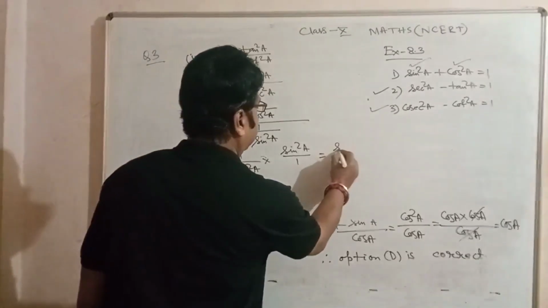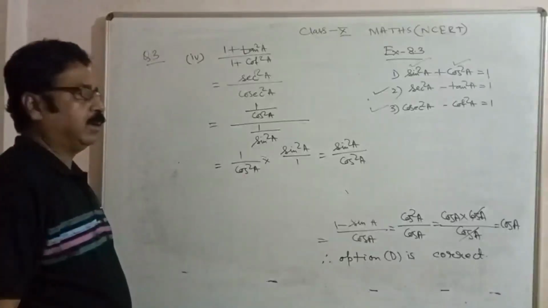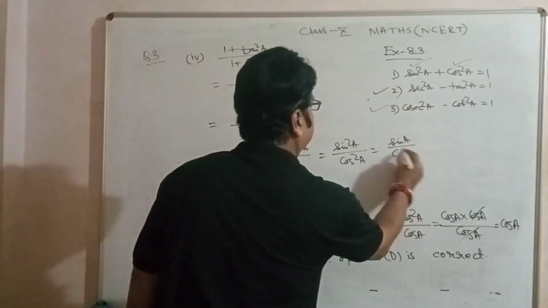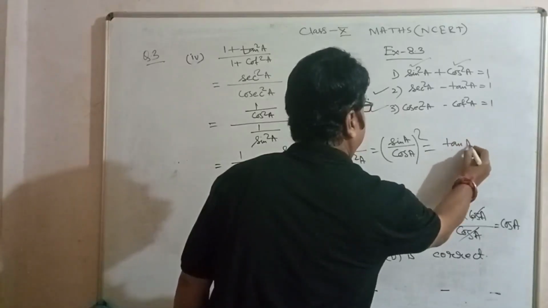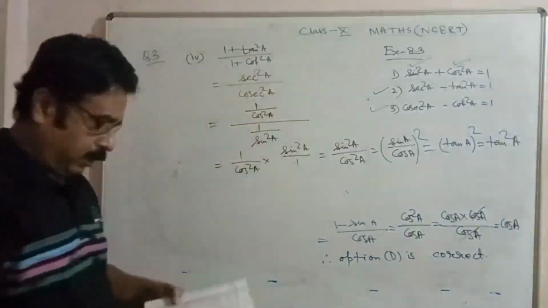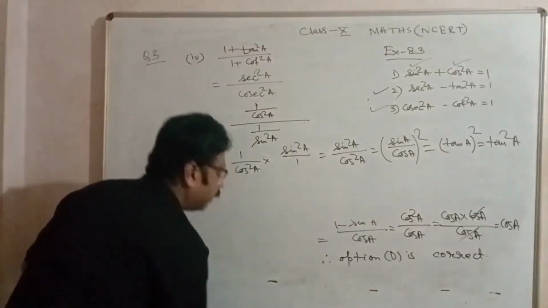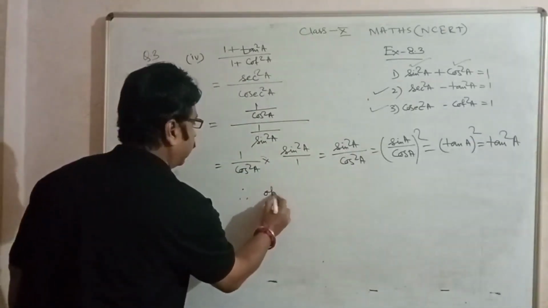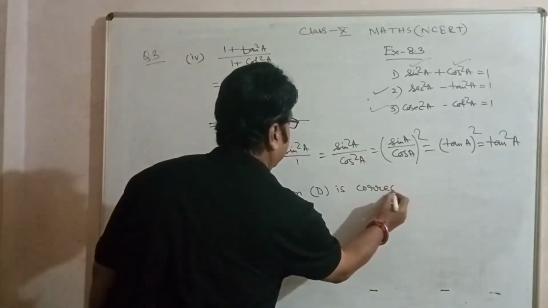Ultimately it is sin square A upon cos square A, means sin A upon cos A whole square, that is tan A whole square, means tan square A. Here option D is correct.